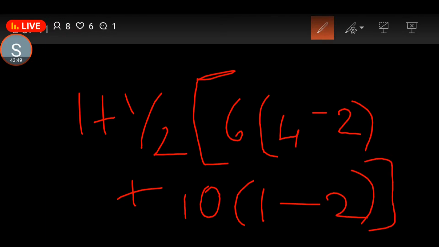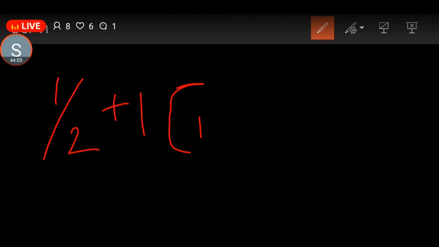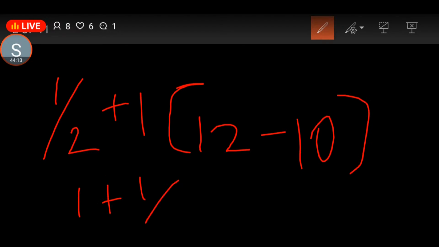Okay, now in the bracket what we got is 4 minus 2 is 2, 6 into 2 is 12, minus 10. Okay, and this will be 1 plus half into 2, 4.